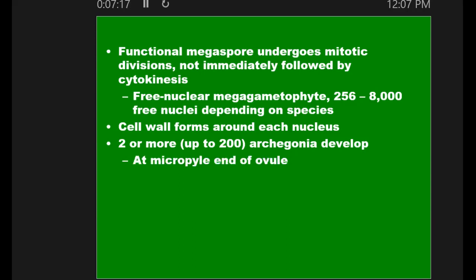And what you tend to see is the archegonia will develop right near the opening that is allowing for pollen to come in, right? So that kind of makes sense to put it at the end, right where the pollen's coming in, so it's easier for the sperm to find the egg. So that's the micropyle, that's the opening, which you saw in the previous picture.